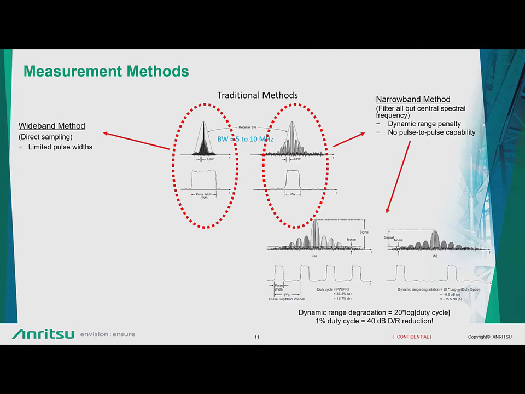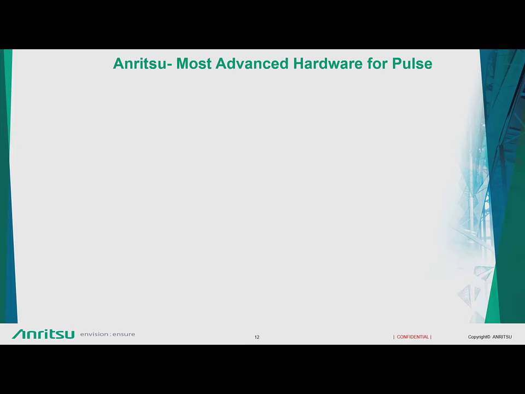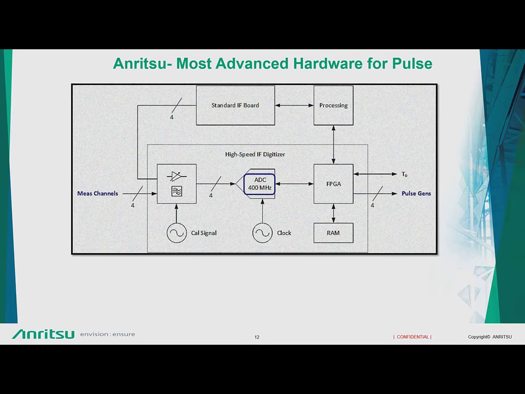So to cater to all these applications, Anritsu introduced a new option, and in fact, to be honest with you, it's not a new option. It has been there for a very long time, but since the radar industry has now grown to the extent that it has, we thought we would revise these things.